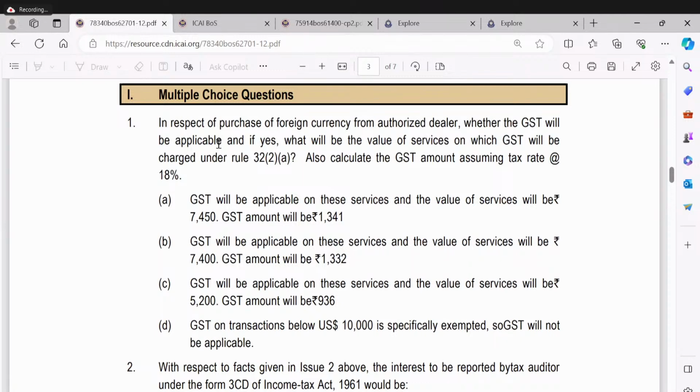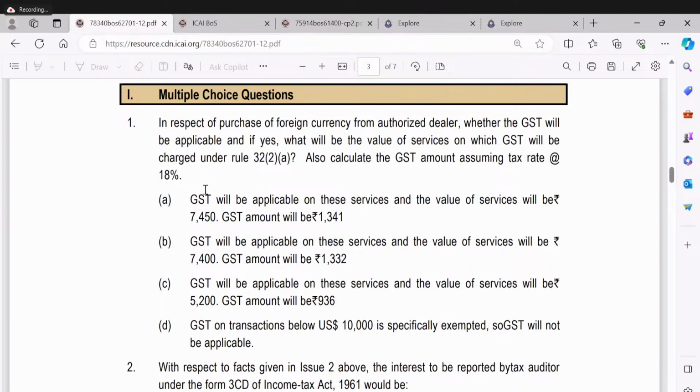What will be the value of supply? For that, we'll go to Rule 32(2)(a). That provides us that since RBI reference rate is not available, the value of supply becomes 1% of the gross amount which is being charged for the purchase of US dollars. Now, gross amount which we are paying here is 7.4 lakhs. We are paying rupees 7.4 lakhs for getting 9,900 US dollars.